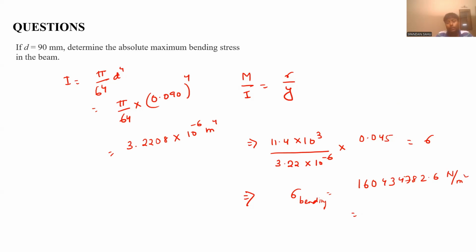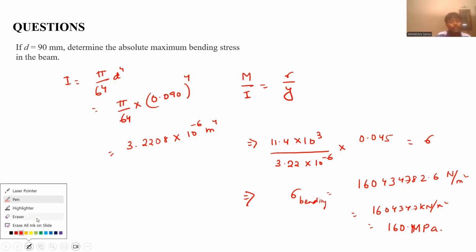So 160,434 kilonewton per meter square, or 160.4, or 160 MPa. So the absolute bending stress in the beam will be 160 MPa.